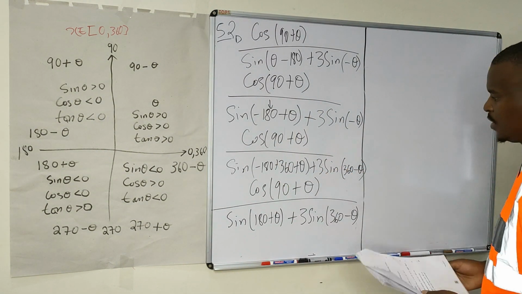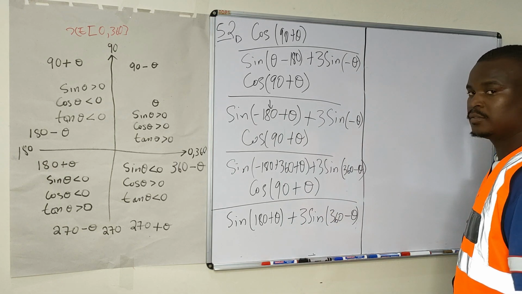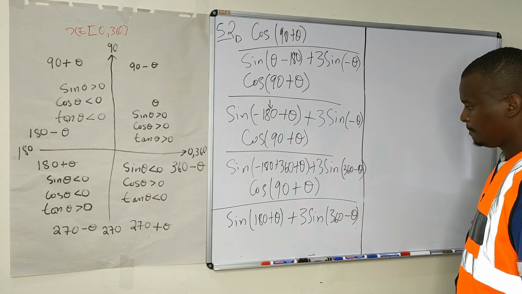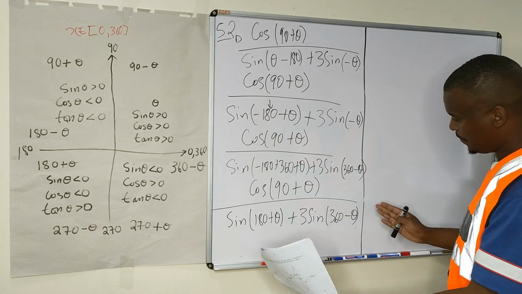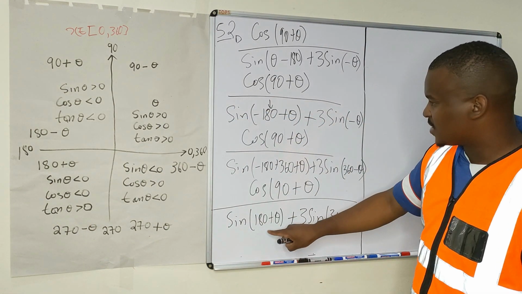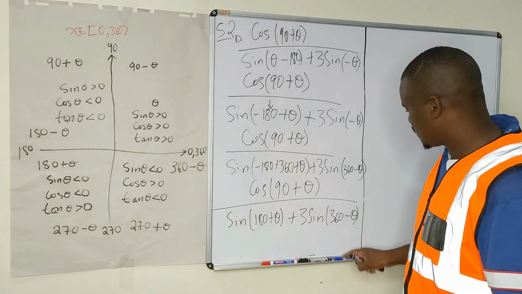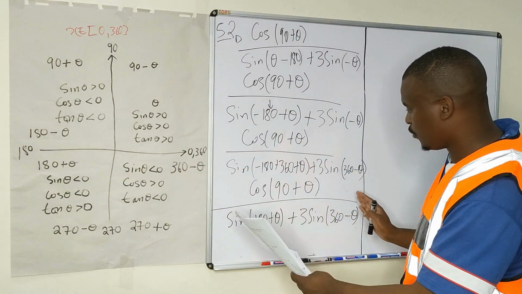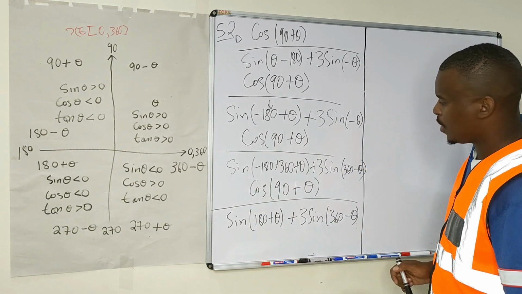So this is what you have. I'm happy to work with this because 90 plus theta is there, 180 plus theta is this one, 360 minus theta is this one. So I have all of my things there. Then I'll be able to work well.